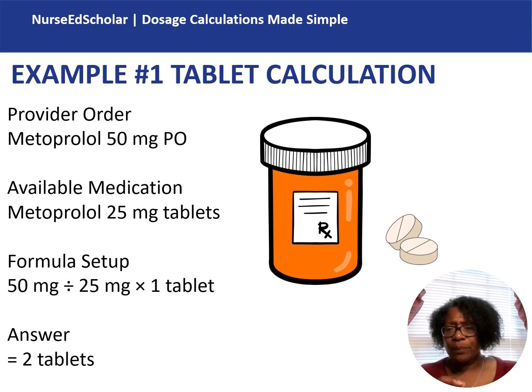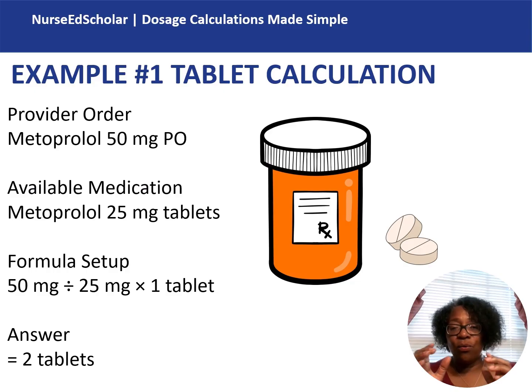One thing that I want you to realize when you're looking at this formula is that the milligrams cross each other out. You have 50 milligrams in the numerator and 25 milligrams in the denominator, and then you have times 1 tablet. The milligrams cross themselves out, so your answer should be in tablets, which is 2 tablets.